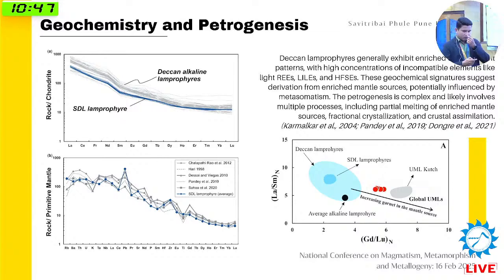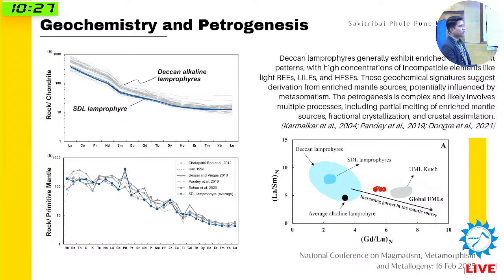Talking something about geochemistry, these all rocks are LREE enriched and HREE depleted. If you see this particular diagram where we plotted here the LREE by MREE and MREE by HREE, we can see here two types of sources for the lamprophyres.